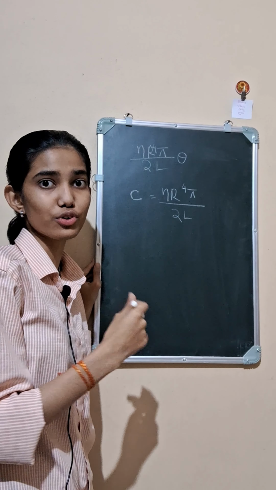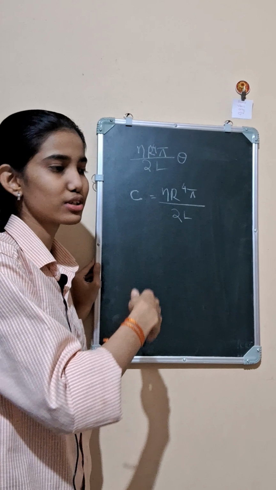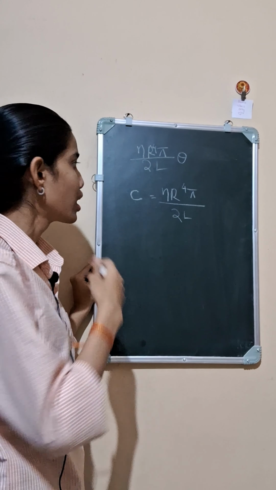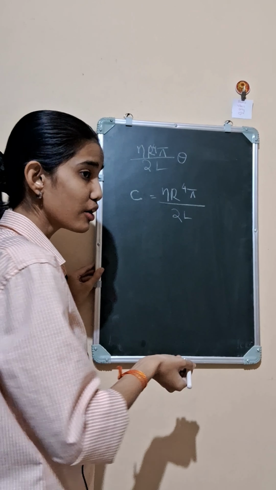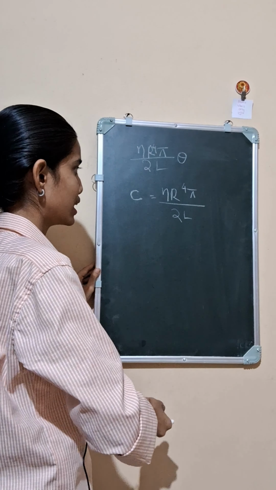That's why I am going to tell you another topic. So just write it down. I will come to this topic once again. Now I am going to consider a hollow cylinder. For a hollow cylinder, I just have to change the limits.